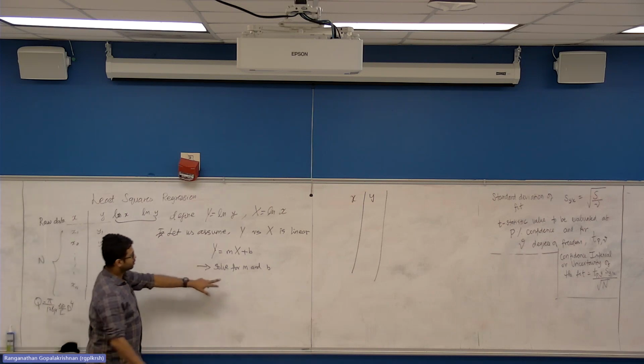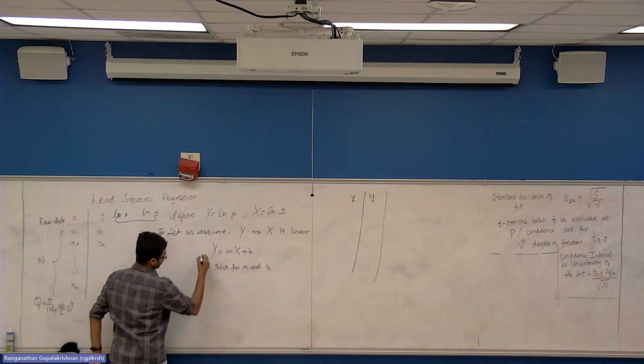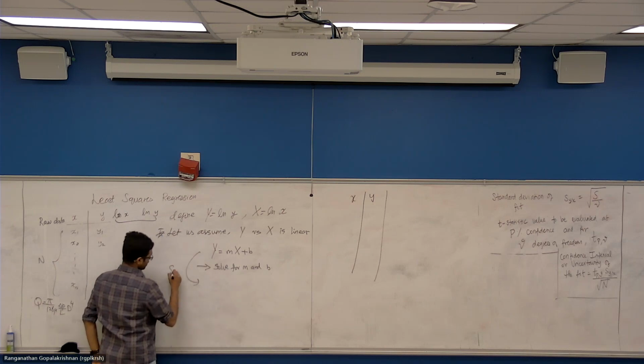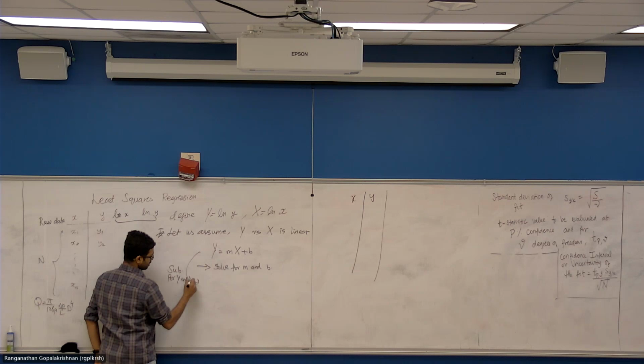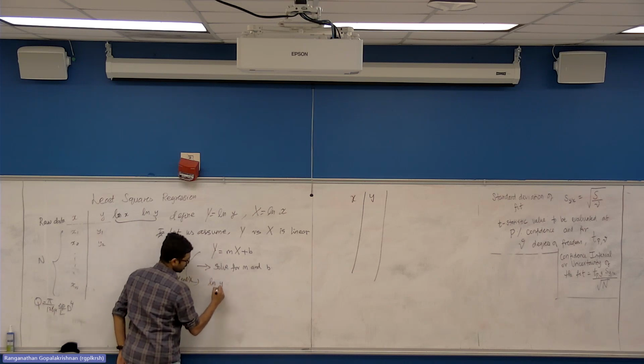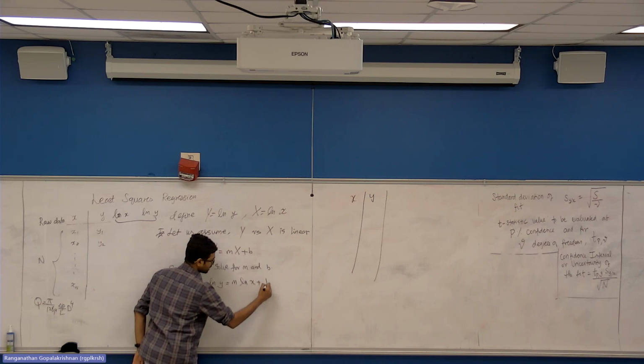All right. So suppose you get m and b. Are we all together up to here? So now, what is y? Substitute for y and x. What is y? Natural log of lowercase y equals m natural log of lowercase x plus b.